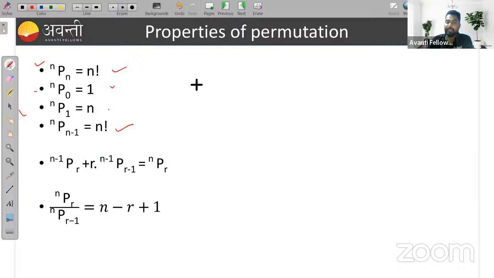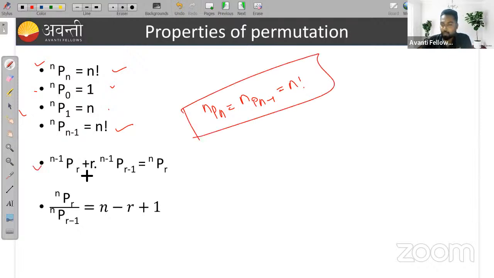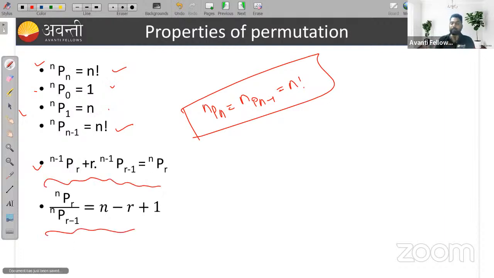That means nPn is equal to nP(n-1), which is equal to n factorial. And see here, (n-1)Pr plus r into (n-1)P(r-1) is nPr. And remember this one: nPr upon nP(r-1) is n minus r plus 1. Remember all these properties because this will be helpful in problem solving.